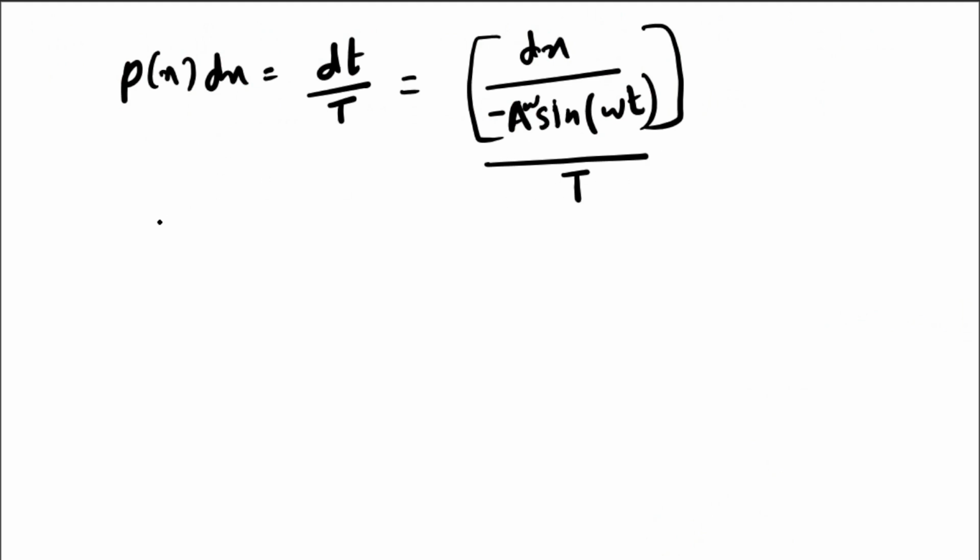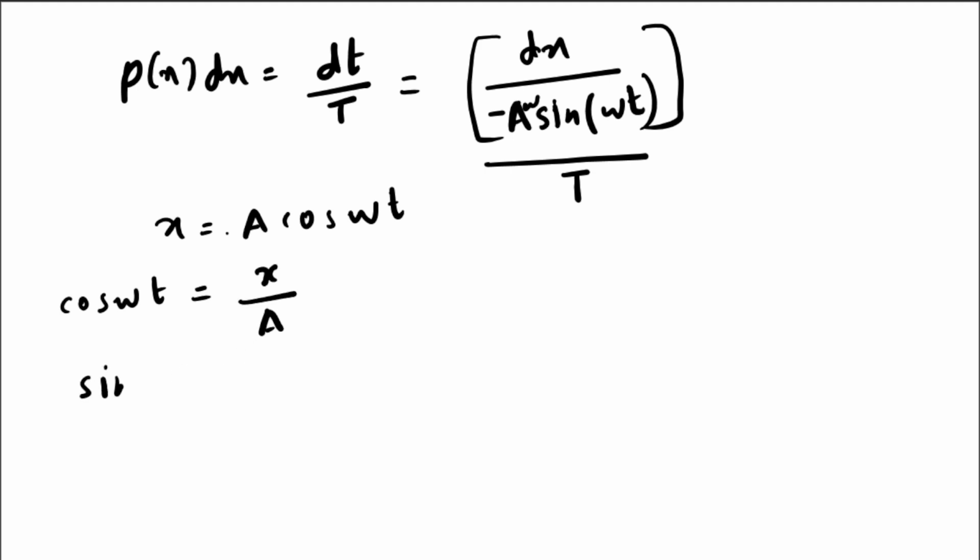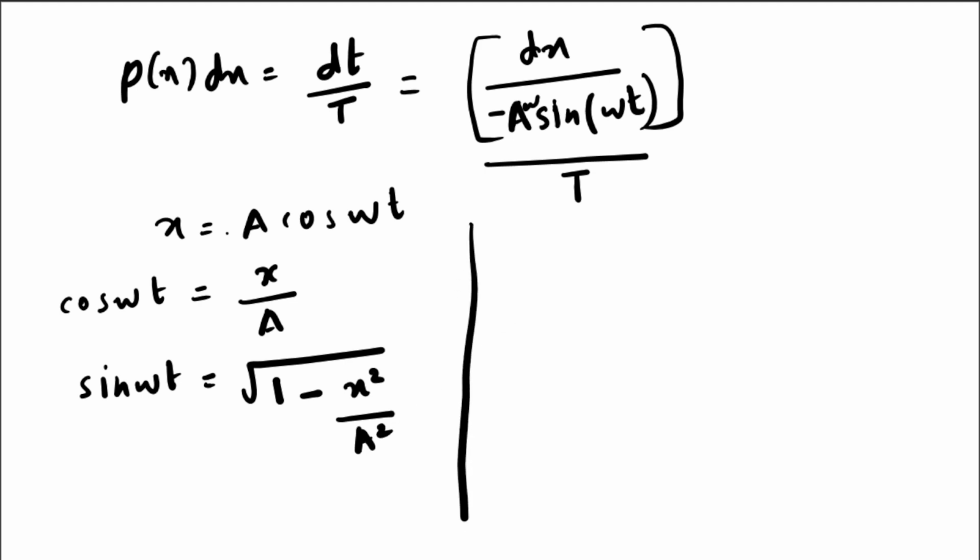So x is equal to A cos omega t, then cos omega t is x by A. Sin omega t is the square root of 1 minus x square by A square.